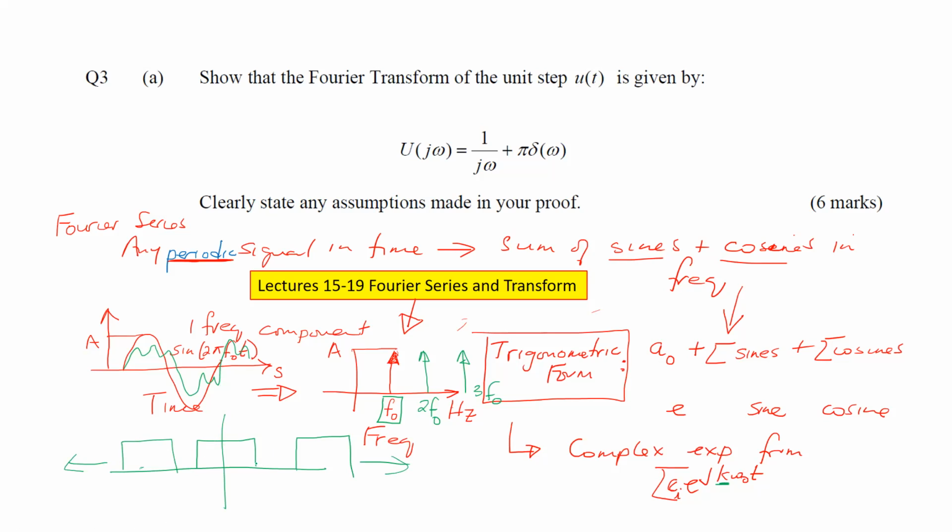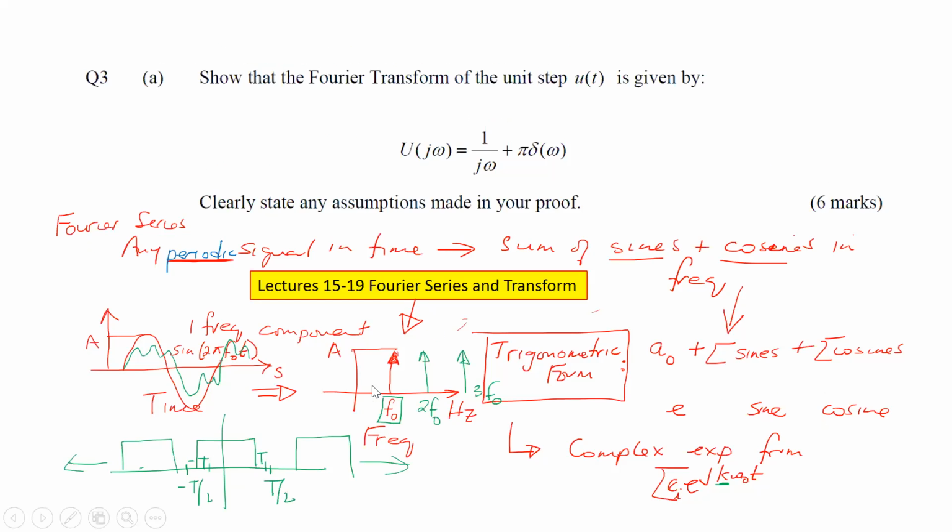For the Fourier series, we take the period from here. If the period is T, we normally say this is T/2, and this is minus T/2. The particular signal itself runs from minus T1 to T1.